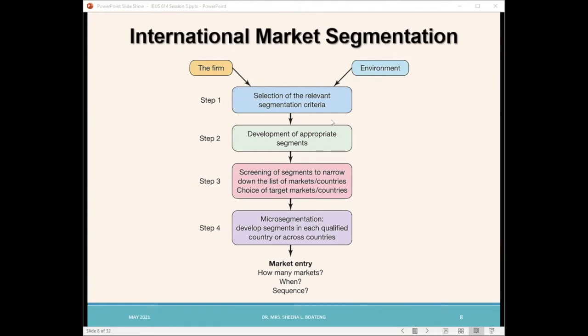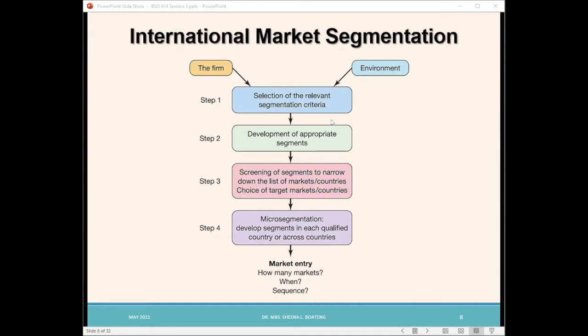Because we realize that in every foreign market that the firm decides to enter into, there will not be exactly one kind of customer in these markets. Markets across the globe are usually made up of myriad groups of customers with different needs.